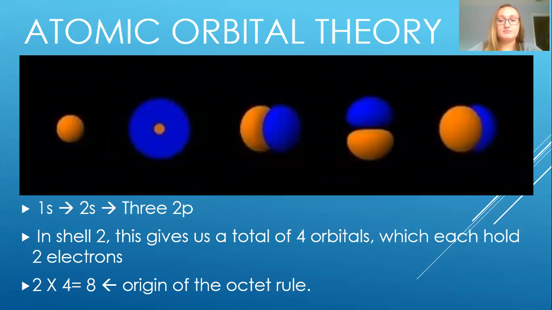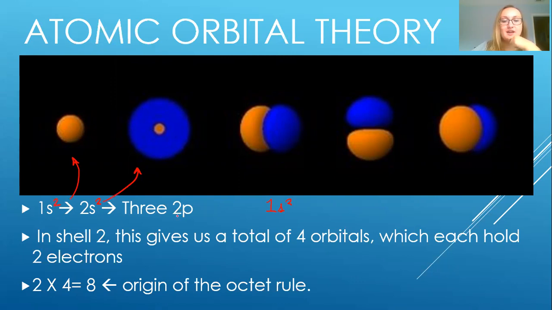So we have our 1s orbital that holds a maximum of 2 electrons. Our 2s orbital that holds a maximum of 2 electrons. And then we have 3 what are called p orbitals.